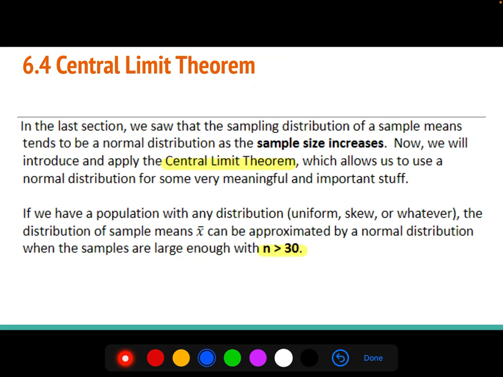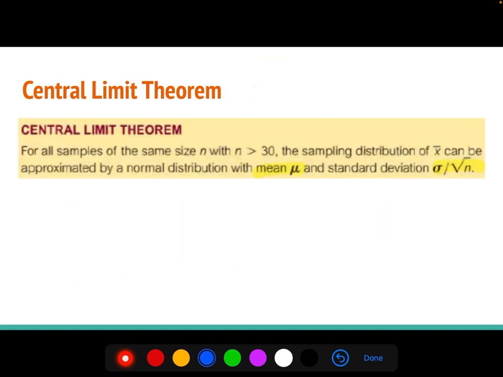It takes something that's not exactly a normal distribution, but the larger the sample size, it makes it approximately normal. So we can start using some of these normal ideas. So if we have any distribution with a sample size larger than 30, then we can approximate it with the normal distribution. That's nice. That's the central limit there.